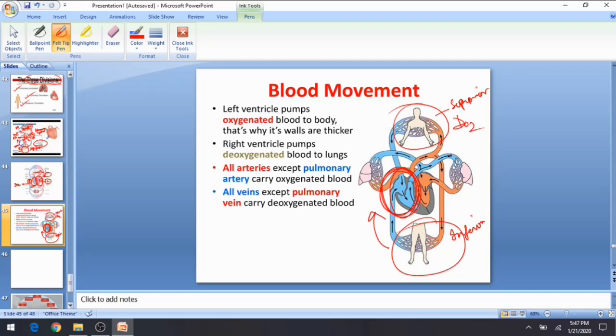Oxygenated blood enters through the pulmonary vein to the left side of the heart, from where it goes to the aorta, and from the aorta to different parts of the body.